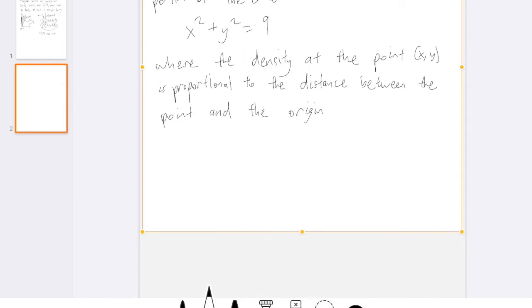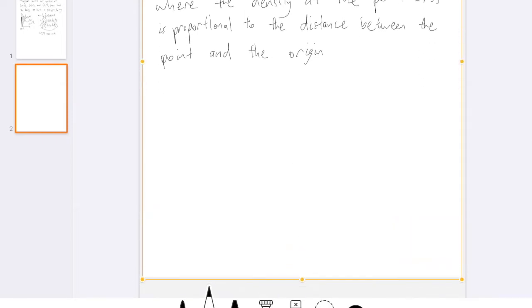So first, we're just going to draw a picture, of course. So we are only drawing the first quadrant because it's only the first quadrant portion of this circle. So it says the density is proportional to the distance between the point and the origin.